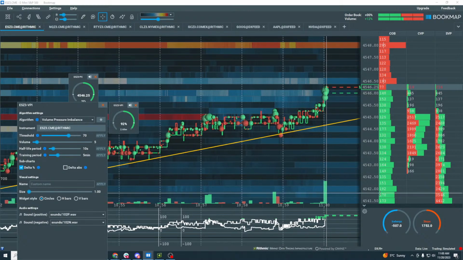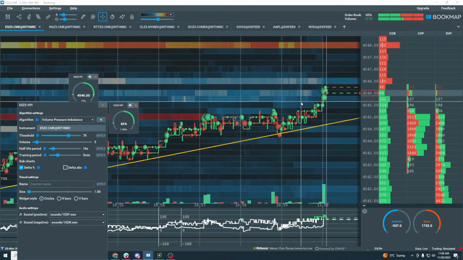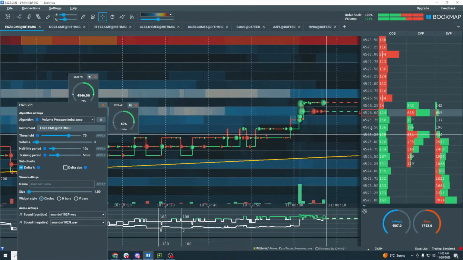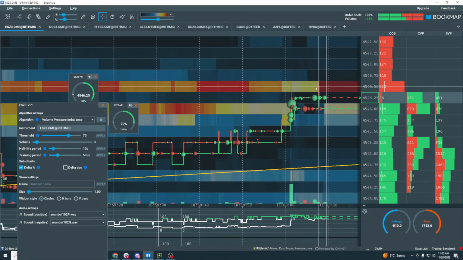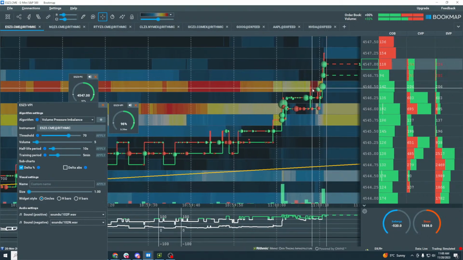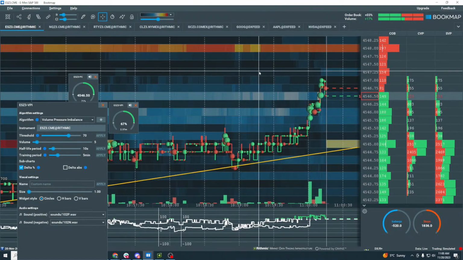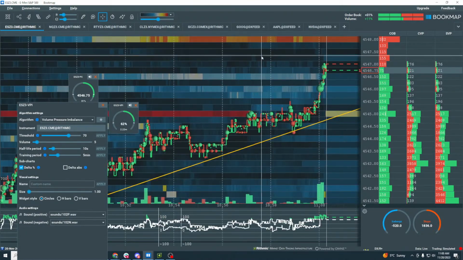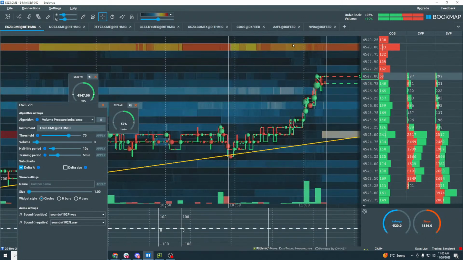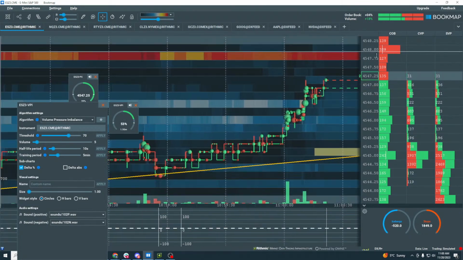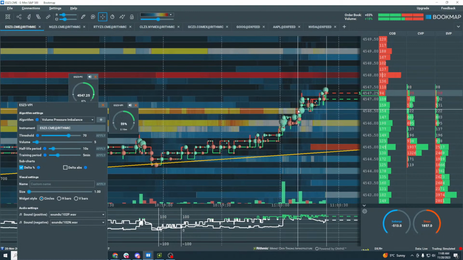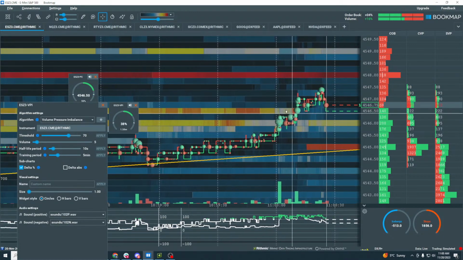There we go. Now we're getting our extreme readings. I think this is a good place to look for taking some profit here. Right up there we go, 46.5. We had our reasons. It's still going, but we had our reasons.